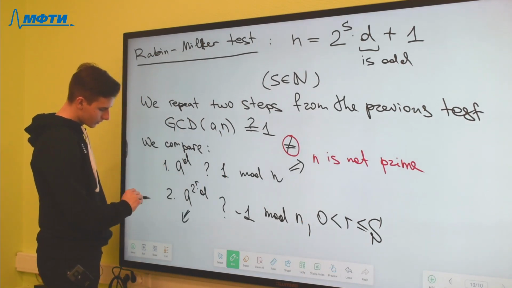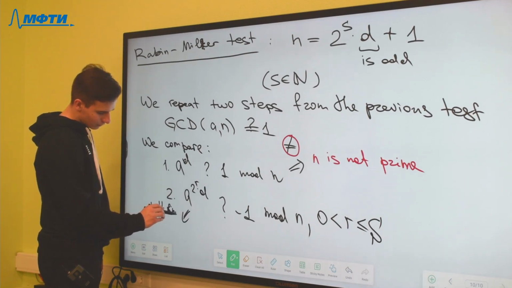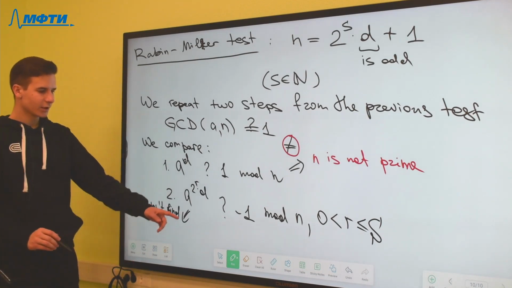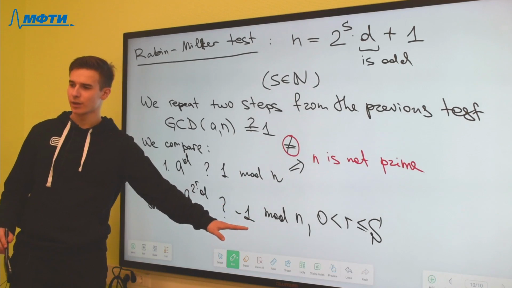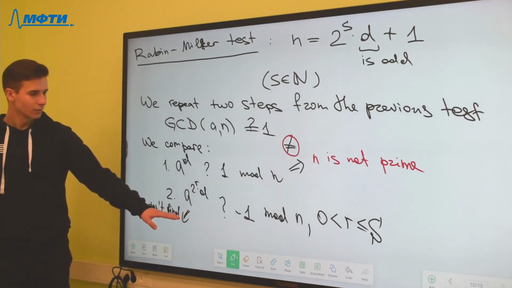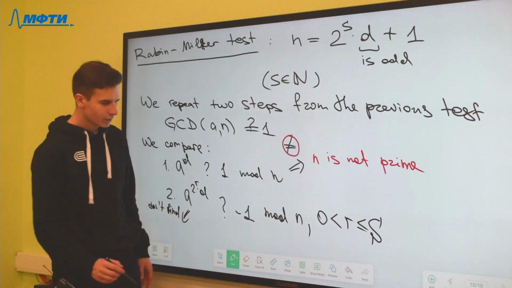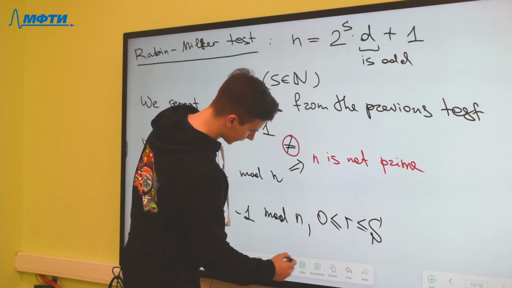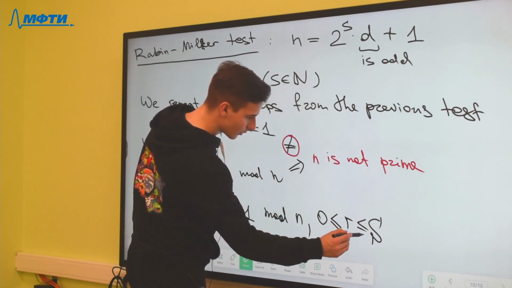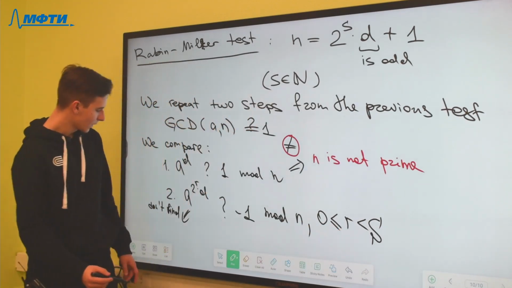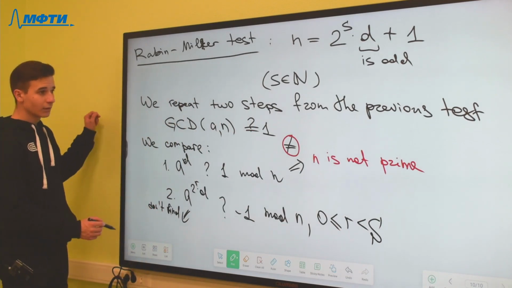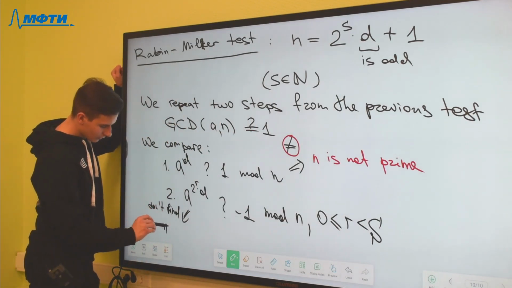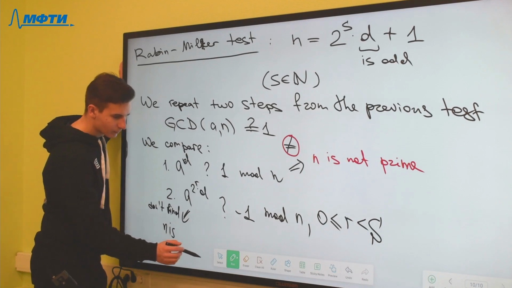If we don't find such an r that we get equality, we say that n is not prime.